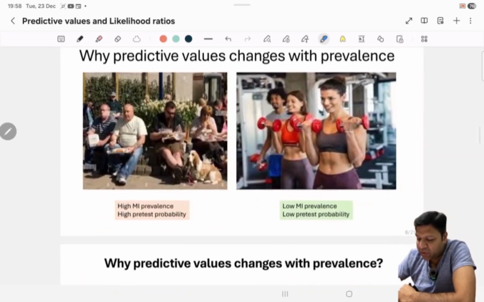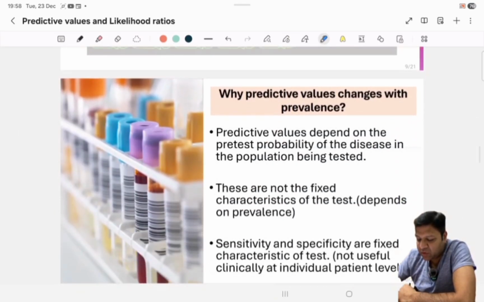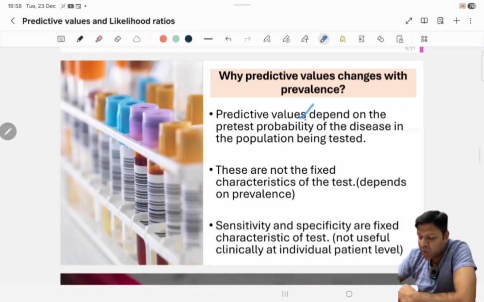Okay. So we have discussed positive and negative predictive values. This is just a scenario. So predictive value depends on the pre-test probability or the prevalence. Predictive value depends on the pre-test probability of the disease in the population being tested. These are not fixed characteristics of a test; they depend on prevalence.